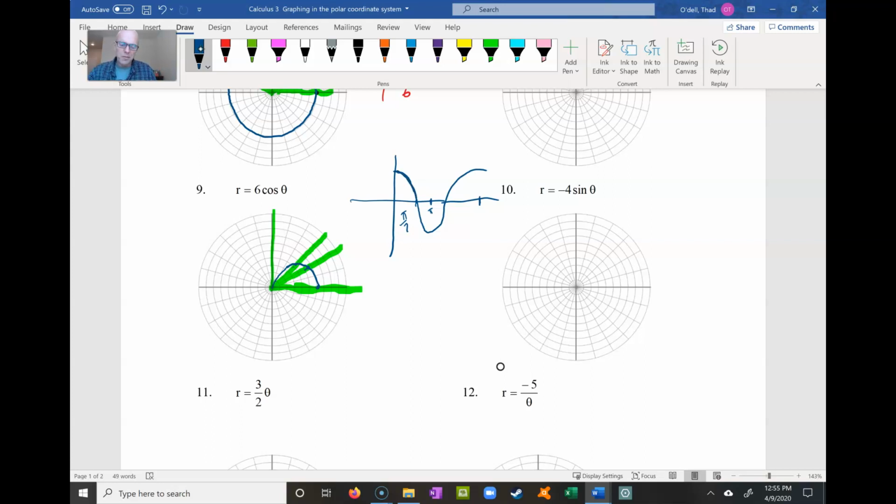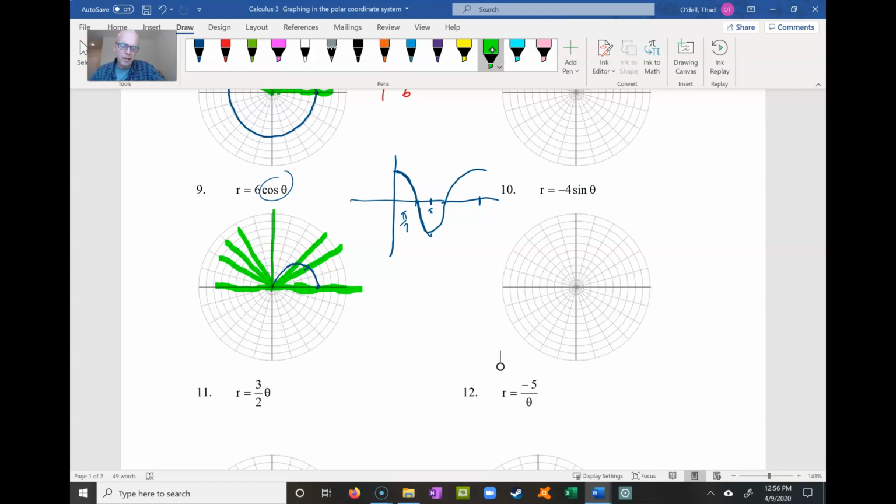So we know that as far as the cosine goes, these values are going to be just like those, only negative. So we're going to cover the same pattern here, only negative. So now be careful of this. As I face in this direction, and that direction, and that direction, my radius is negative, and it's the same as this over here.